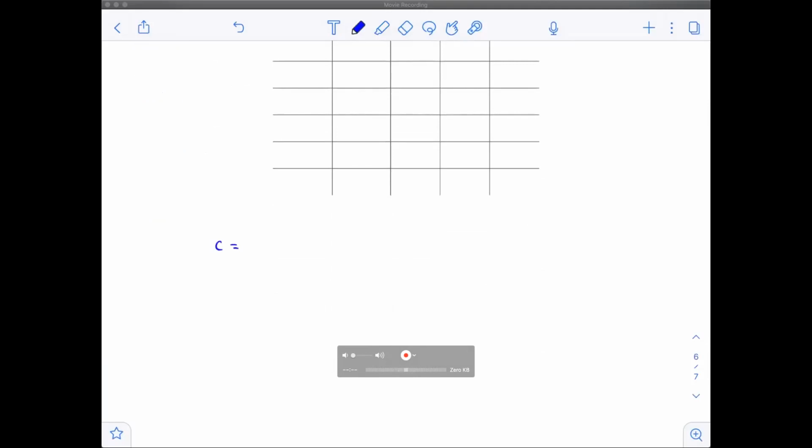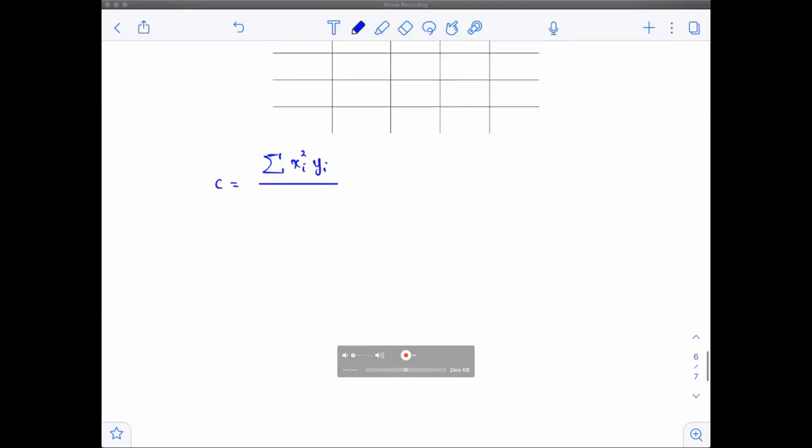So c is equal to the summation of x sub i squared, because m is equal to 2 in this case, times y sub i, divided by the summation of x sub i to the 4.